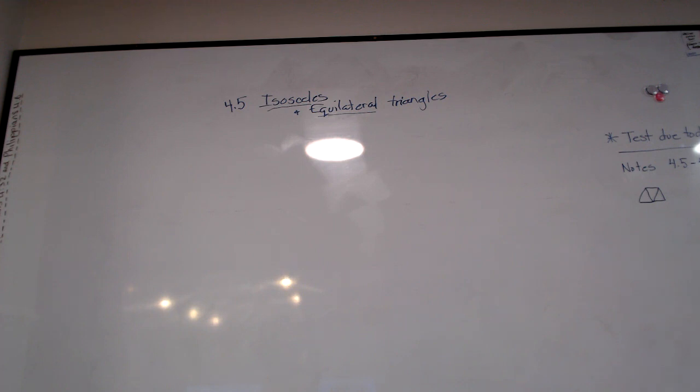I printed these out, but I'm not using them, so use the back of these. We're going to do the same thing we did yesterday. We're going to look at drawing isosceles triangles and equilateral triangles, and we're going to see what we can find out.